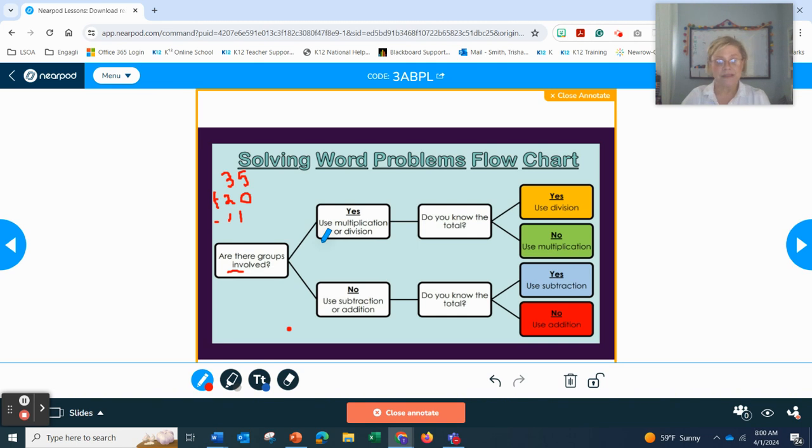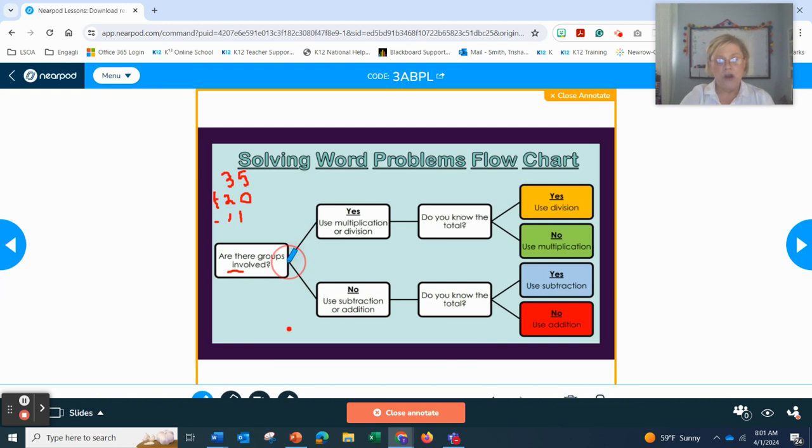So we can say, yeah, that first batch of pretzels that the baker started the day with, and there was another batch of pretzels, a batch of 20, and there was another batch of pretzels, a batch of 11. Those aren't equal groupings. So we cannot say yes, there were groups.